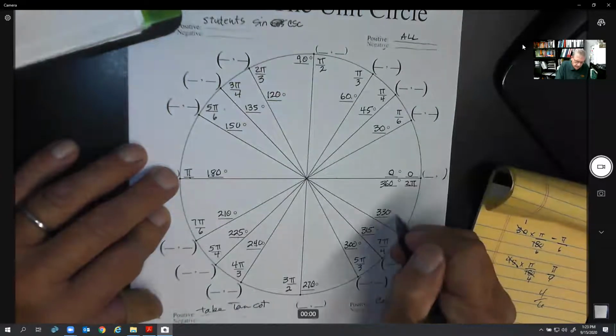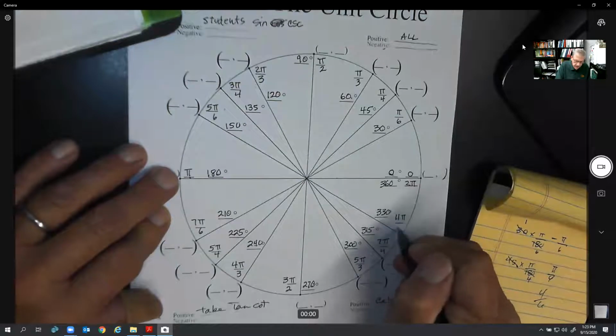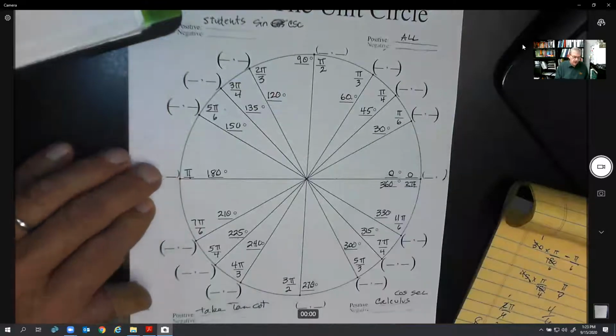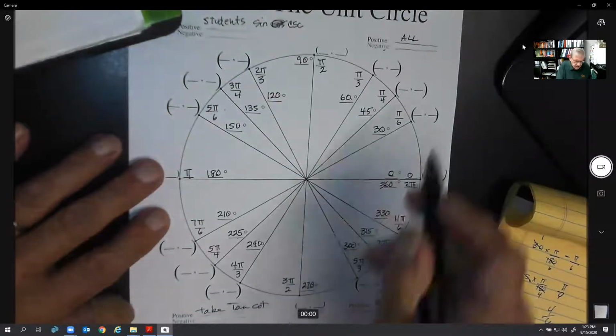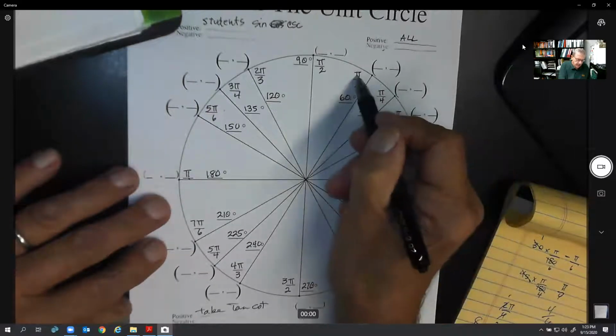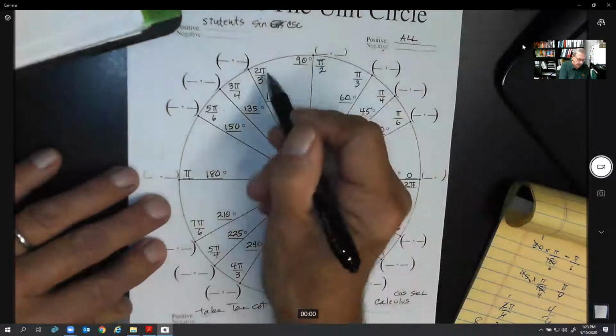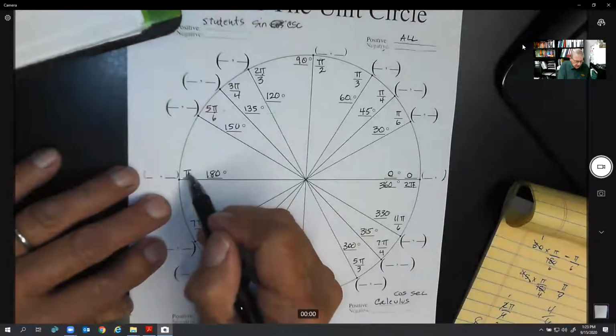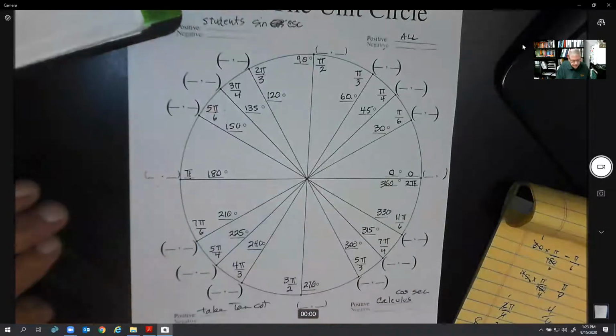And 11 pi over 6. And of course, 12 pi over 6, 2 pi. So all we're doing is reducing those fractions. We went by 6s. Pi over 6, 2 pi over 6, 3 pi over 6, 4 pi over 6, 5 pi over 6, 6 pi over 6, and so on.